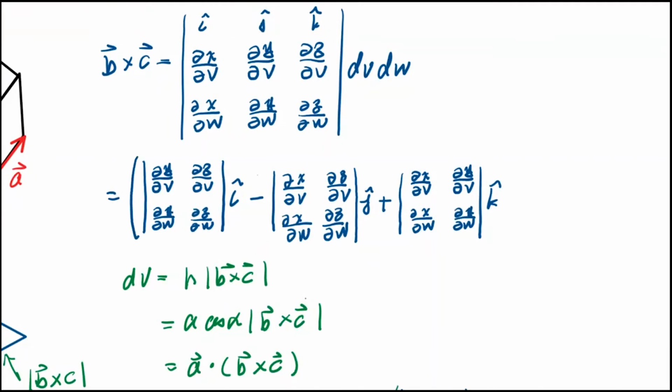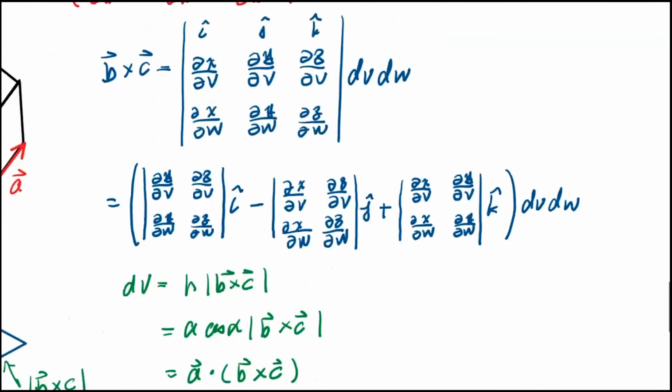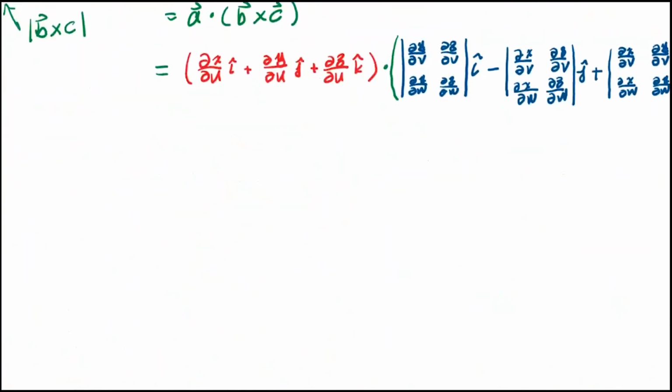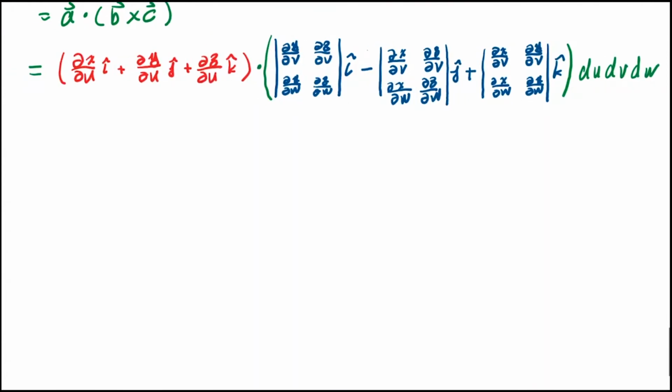So we have this big parenthesis here, and this dv, dw, and A has that du up there, right? So finally, I'm gonna put it at the end. So this is du, dv, dw.